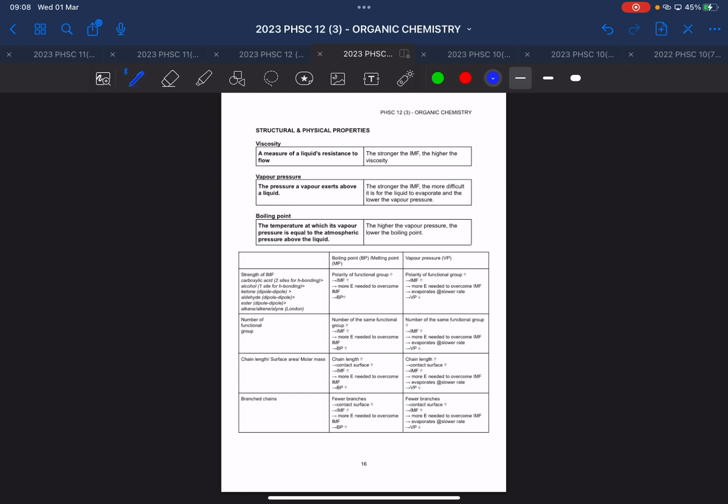Alright, so we must get moving. The next chapter, I told you there are 3 chapters, is just this one, page 16. We have already done the previous one and I've spoken about it as we went through all the molecules.